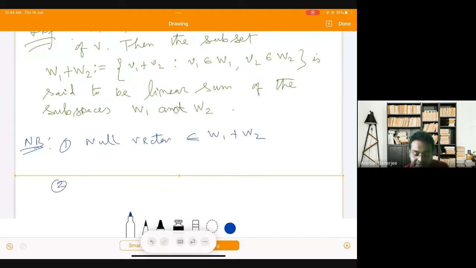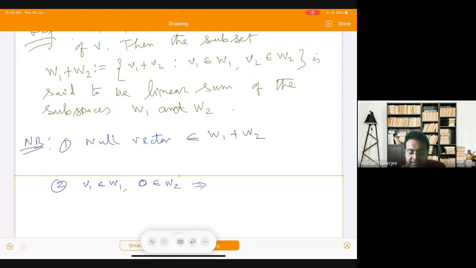Another thing we can see is that, let's say V1 belongs to W1, and we know that the null vector belongs to W2. This implies that V1 plus the null vector, which is equal to V1, belongs to W1 plus W2.